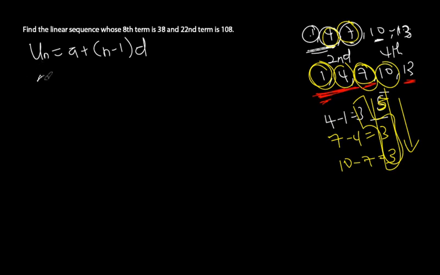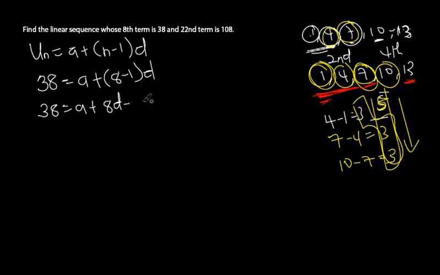So we have 38 is equal to, we don't know the first term, so a, plus. Now the n is the number of terms, so in this example it is 8. So we have 8 minus 1 times d. We just simplify this, so we have 38 is equal to a plus 8d minus d.